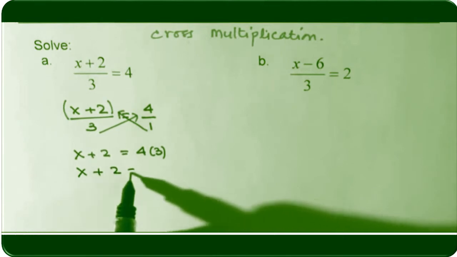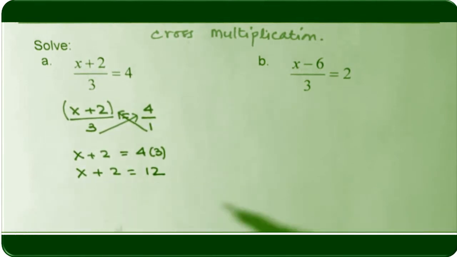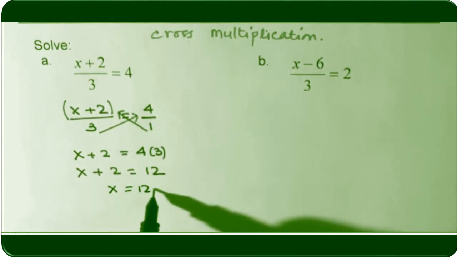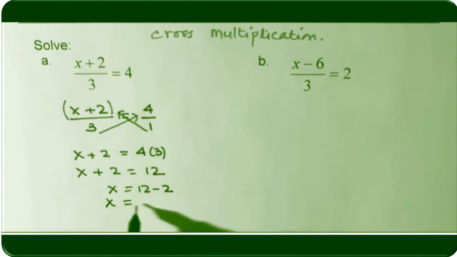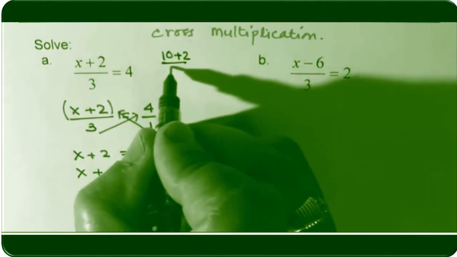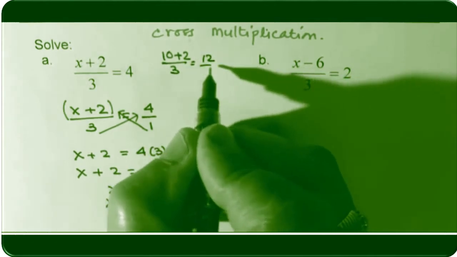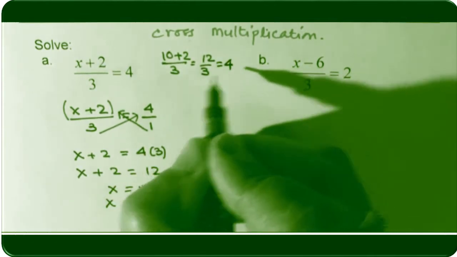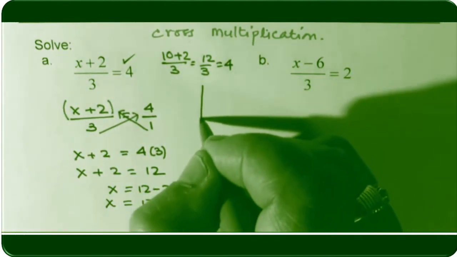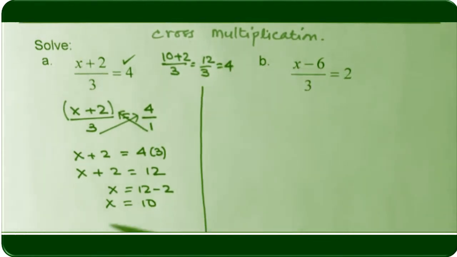So what we have here is x plus 2 equals 12, and now this is without fractions. Easy to solve. x equals 12 minus 2, which is 10, so we get x equals 10. You can check the answer by placing 10. We get 10 plus 2 over 3, which is 12 over 3, which is indeed 4, so that works perfectly. You may or may not check for the time being, but it is good practice.